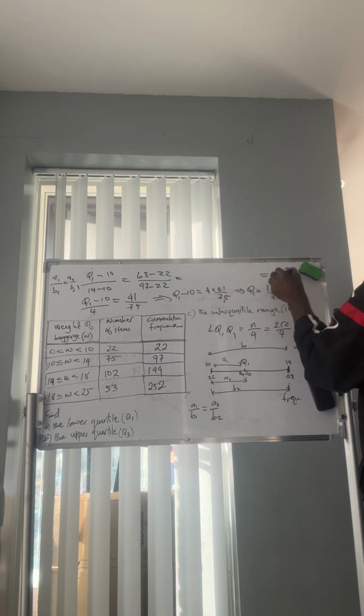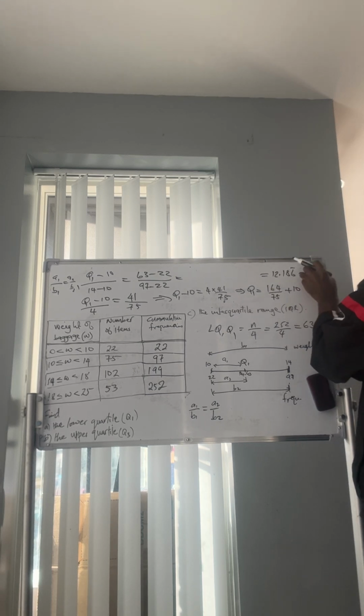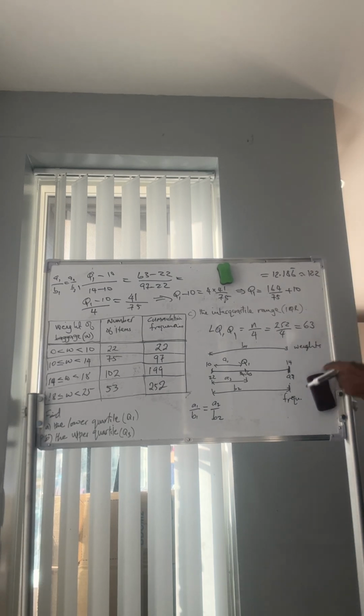Your answer is 12.186 repeating. So now, I'll round to 1 decimal place anyway. This will give you 12.2. So your Q1, the lower quartile range, is 12.2.